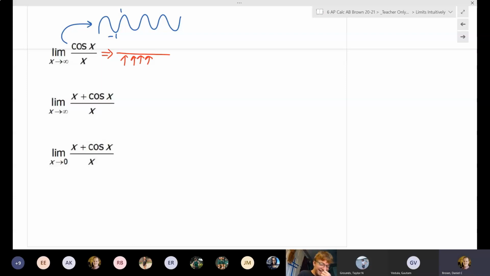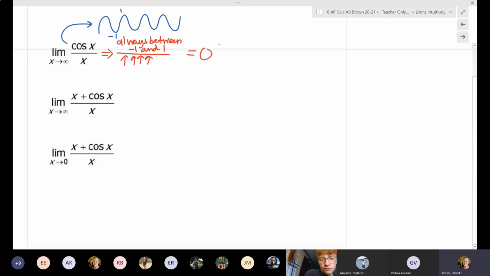Cosine of x is always between -1 and 1. Again, this is all in my head thinking. Cosine is always between -1 and 1, so basically it's always a small number. So I have something small divided by something big. What is the limit going to end up being? 0.